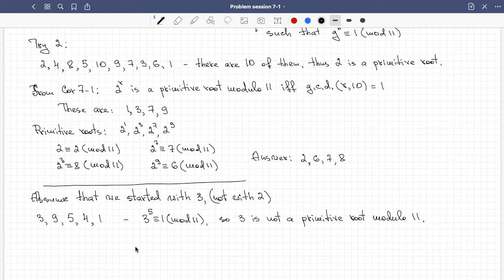So, as an example, let me show 5 is congruent, as we found, to 3 to the 3 mod 11. So 5 to the 5 is congruent to 3 to the 3 to the 5, which is the same thing as 3 to the 5 to the 3. Both are 3 to the 15, but this we know is 1 modulo 11, taken to the power 3 is still 1 modulo 11.